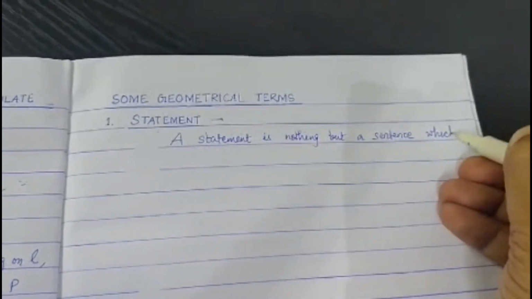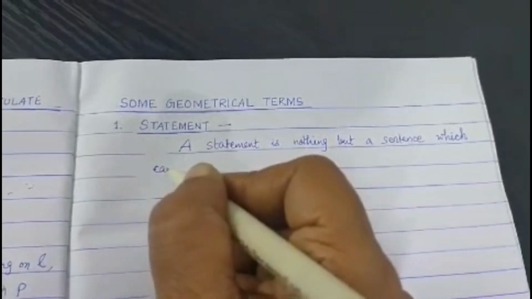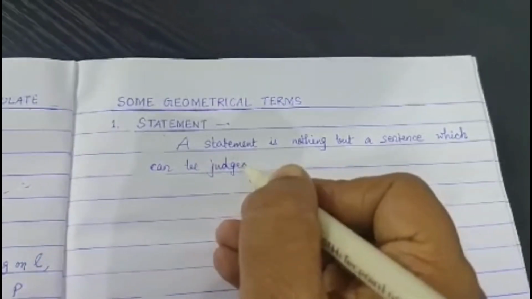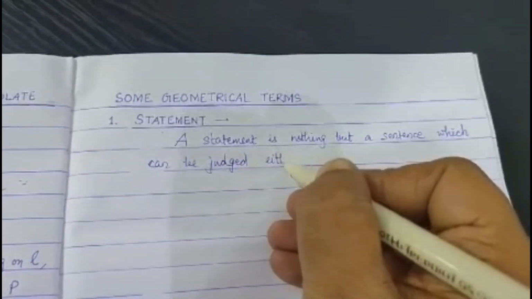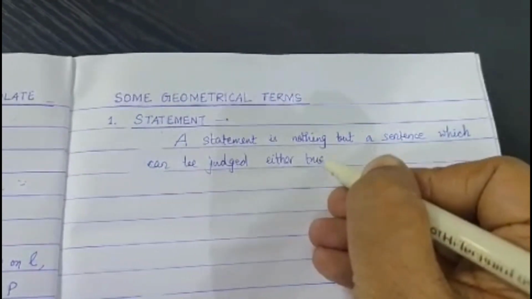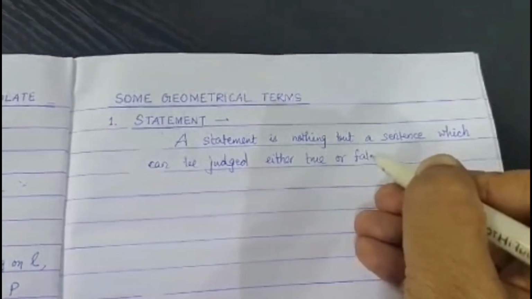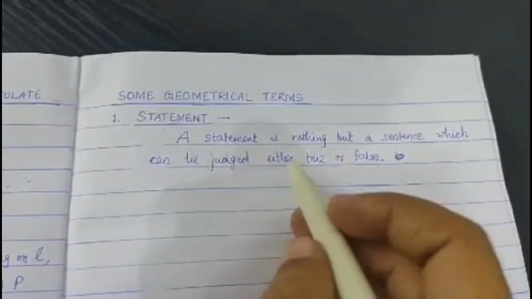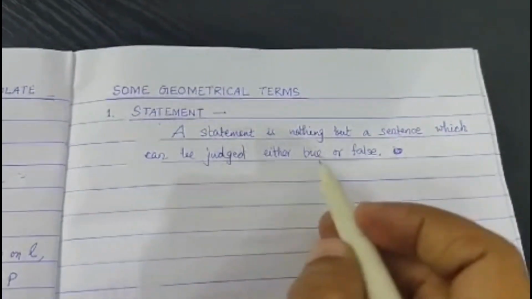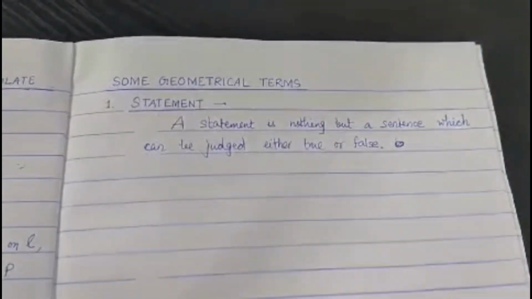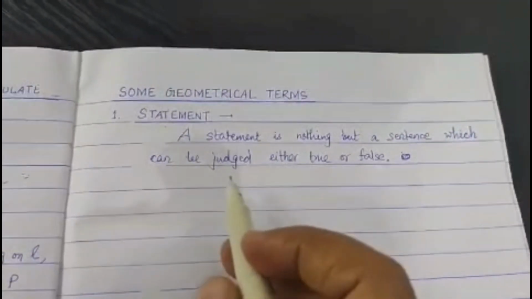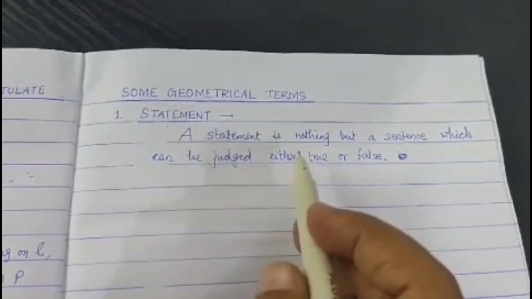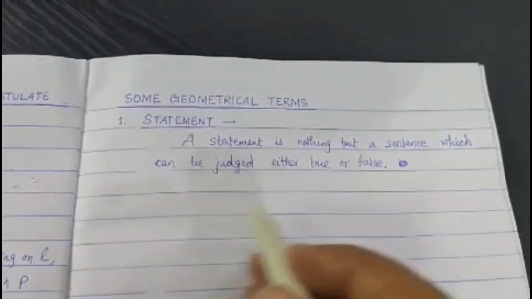A statement is nothing but a sentence which can be judged either true or false. That means somebody makes a statement, makes a sentence, he speaks something, and you have to check, you have to judge whether it is true or false.